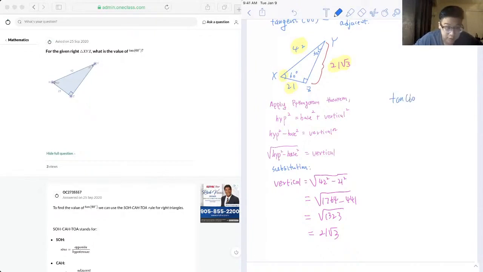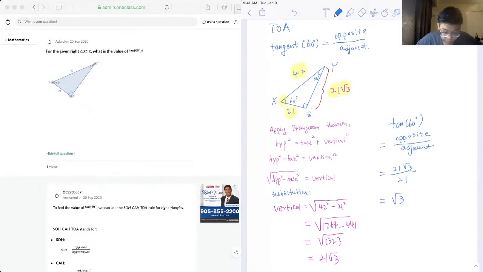Tangent 60 is equal to opposite over adjacent, which in this case our opposite is 21 root 3 and our adjacent is just 21. So we have our tangent 60 degrees as root 3.